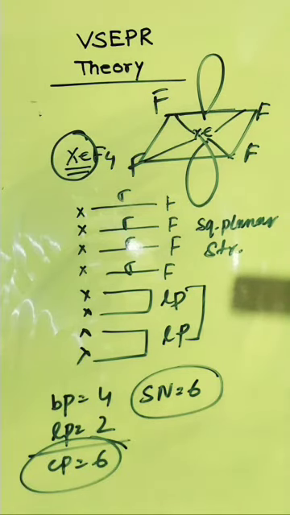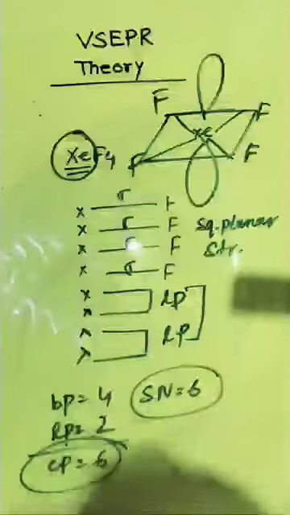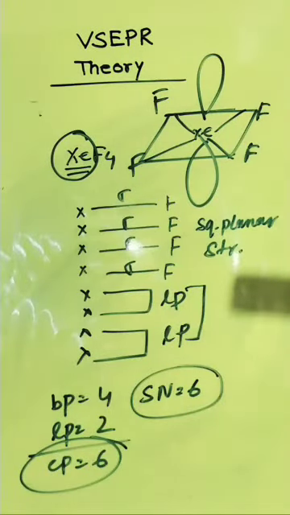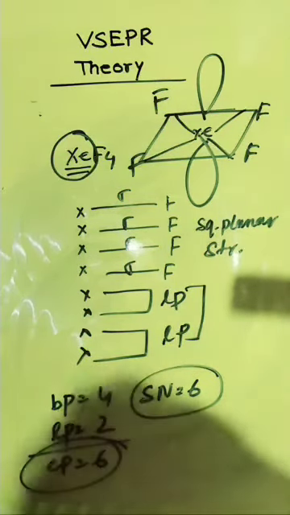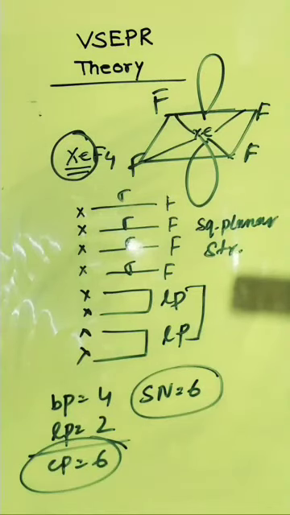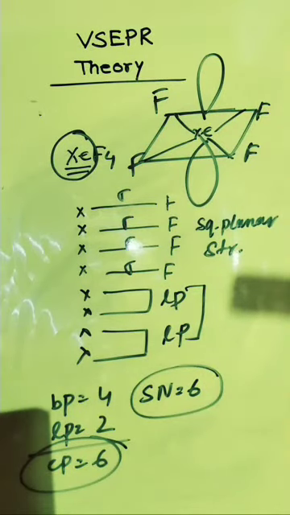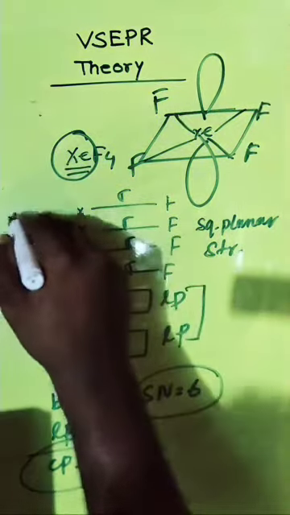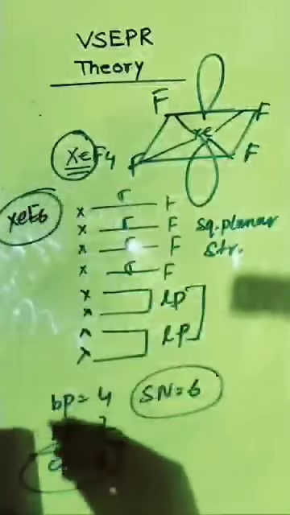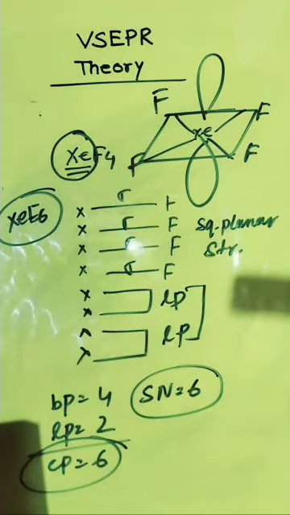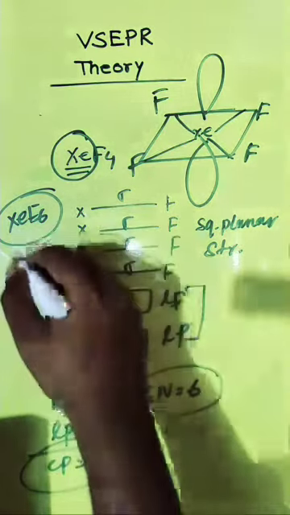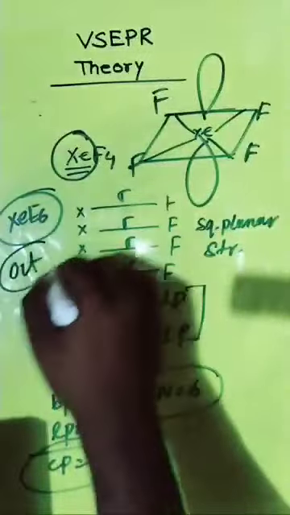So this is the entire VSEPR theory, and by this VSEPR theory we may draw the structure of different chemical compounds. But this VSEPR theory has some drawbacks. Some structures cannot be drawn or assumed by this VSEPR theory, for example IF7, and according to VSEPR theory the structure looks like pentagonal bipyramid, but the actual structure is octahedral.